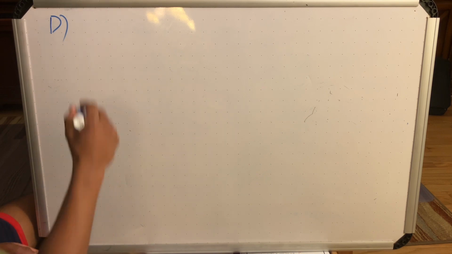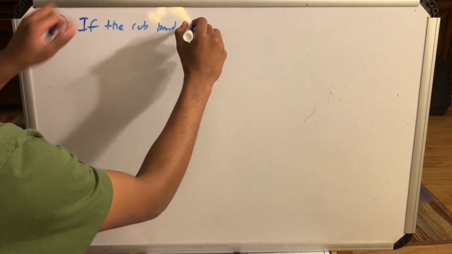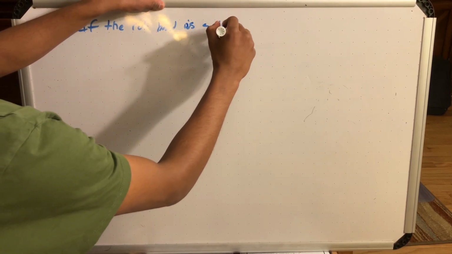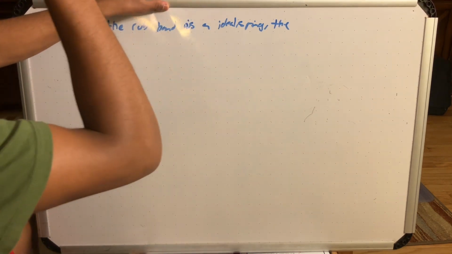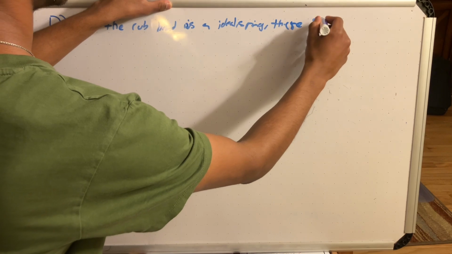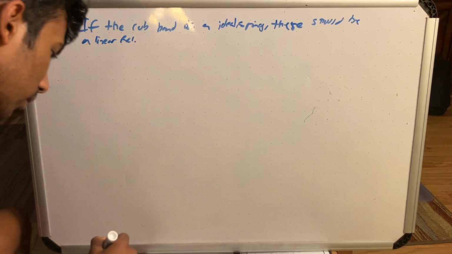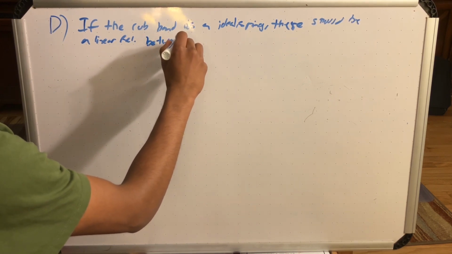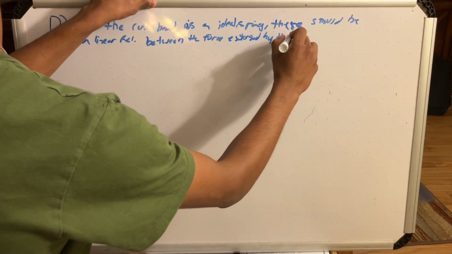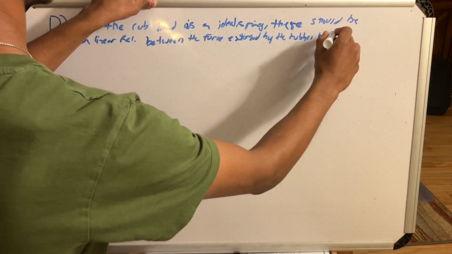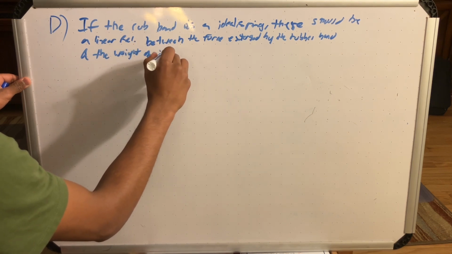So what we would say is if the rubber band is an ideal spring, there should be a linear relationship between the force exerted by the rubber band and the weight being hung for every single weight.